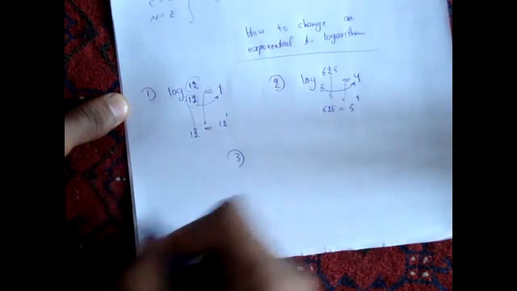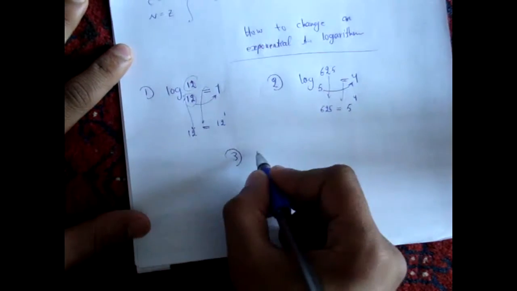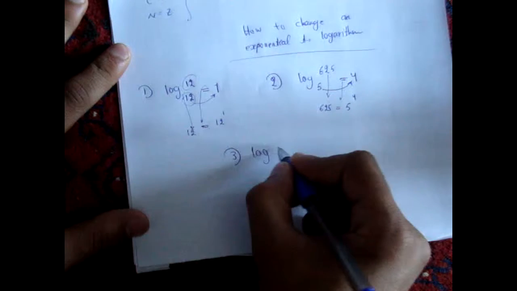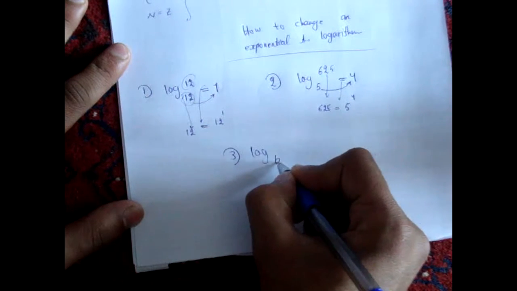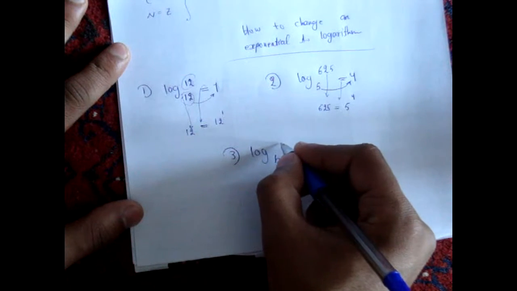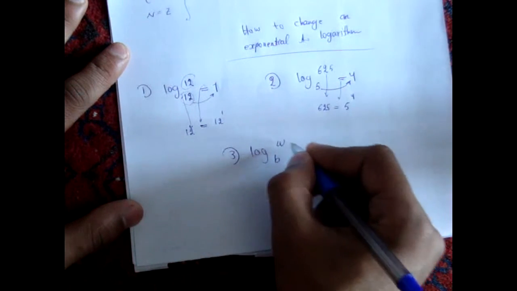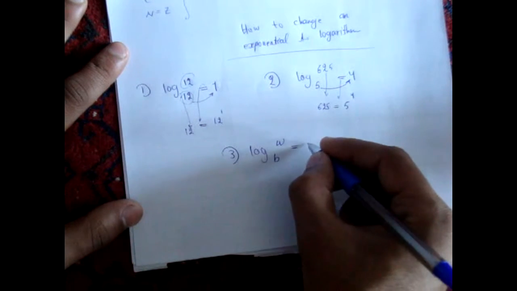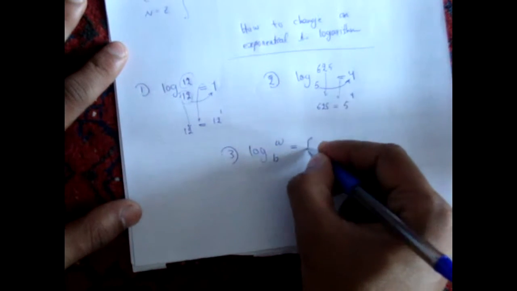Example number 3. So what I have here is logarithm, for example, base b of w equals to f.